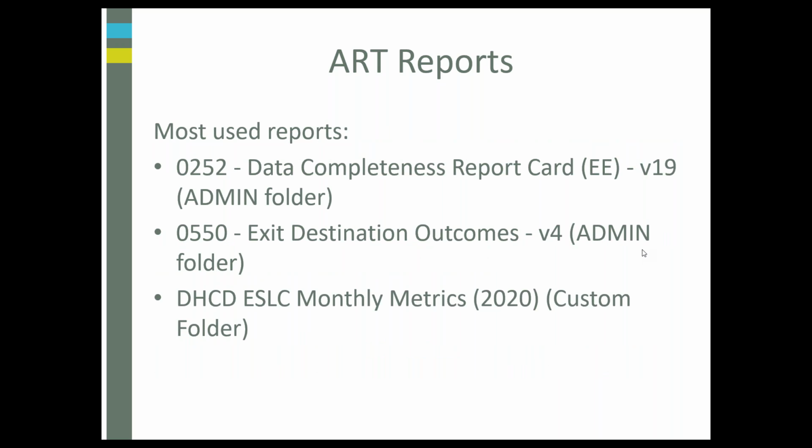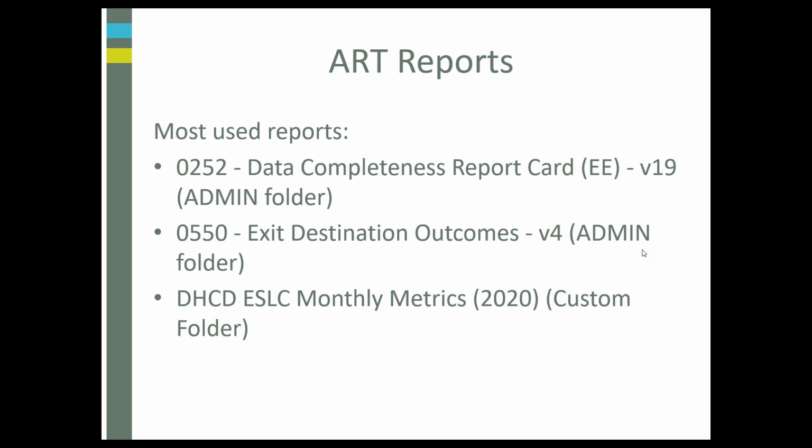The most used reports that you're probably going to use as an individual agency: the first one is a data completeness report that is in the admin folder. We use this report in order to do some of that data quality analysis. It will tell you whether or not the information that you've entered has all of the information entered.